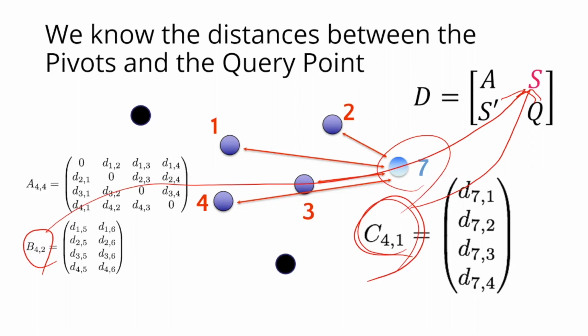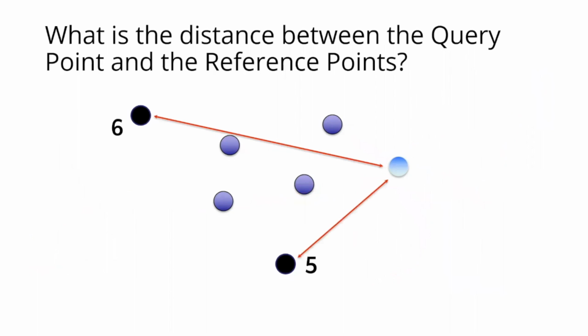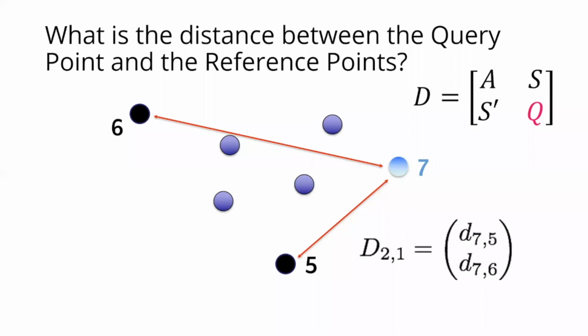The formula that we saw in the previous slides can be written again using the matrices A, B, and C, in the context of big data. The unknown part over here is Q, and what we're especially interested in are the distances from 7 to 5 and 7 to 6.